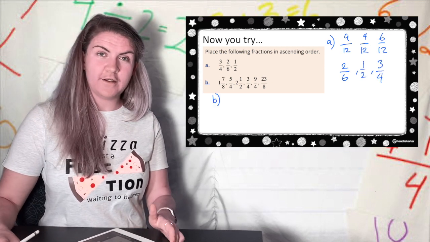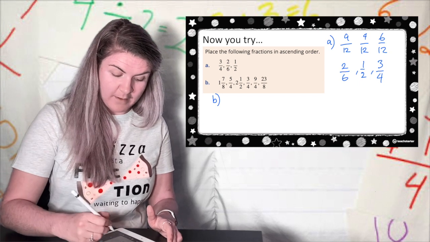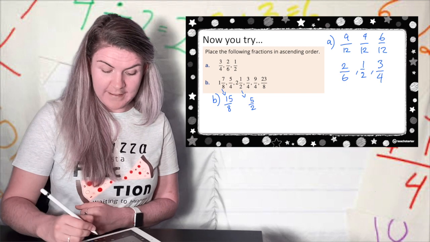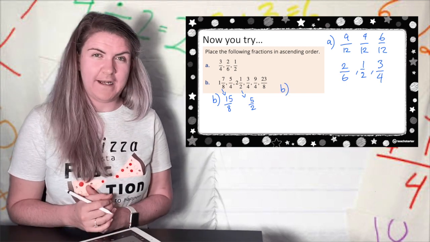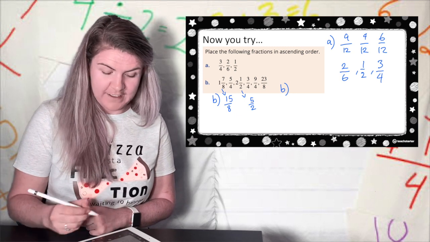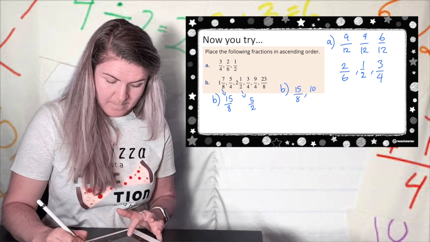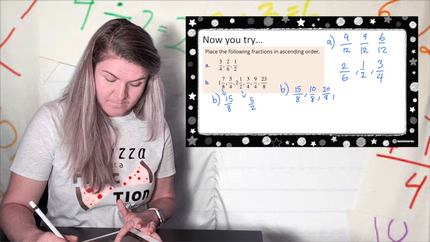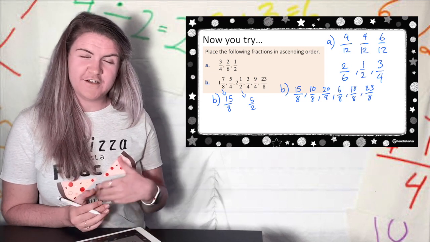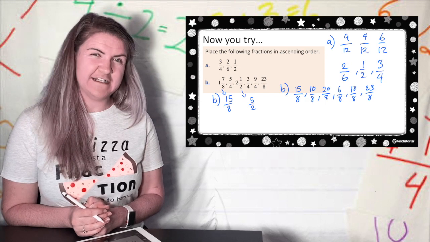For B, I'm quickly going to convert it to a mixed number. And for B, I can see that my lowest common denominator is 8. So I'm going to quickly convert them all to 8. Now that I have them all converted to the denominator of 8, I can easily put them in order.